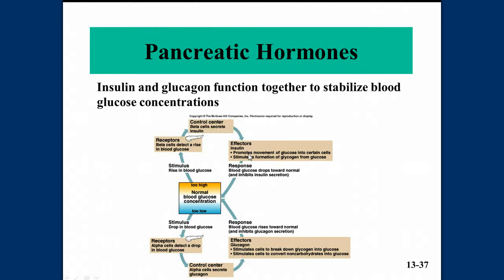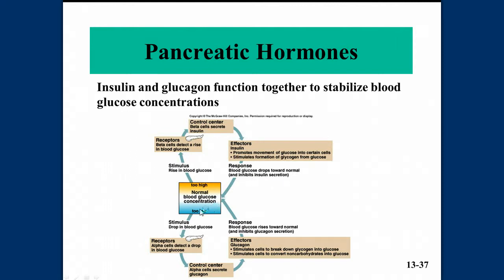The insulin promotes the movement of glucose into certain cells. It stimulates the formation of glycogen. If there's too much glucose, the excess is stored as glycogen in the liver and in the muscles and in adipose tissue. The response, the blood glucose level drops to normal, and then the production of insulin will stop.